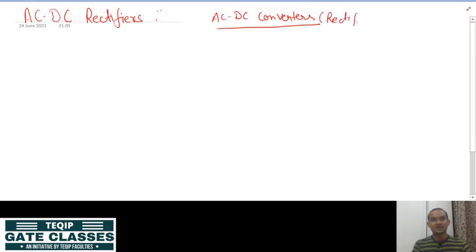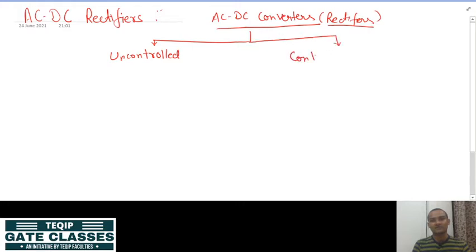In this syllabus we have two types of rectifiers. First one is uncontrolled rectifiers, and the second category is controlled rectifiers.